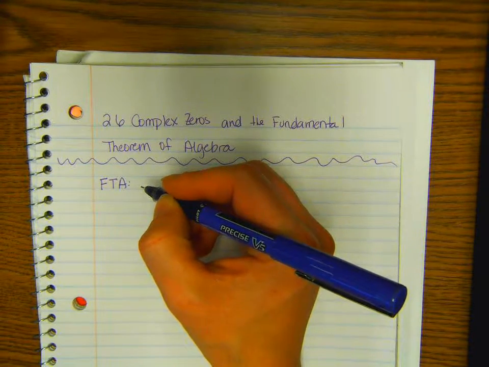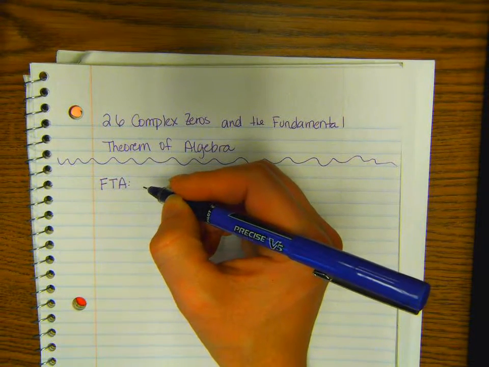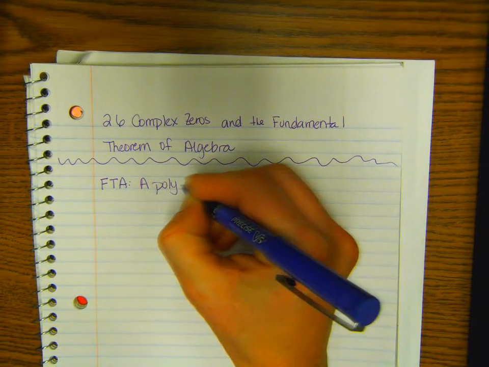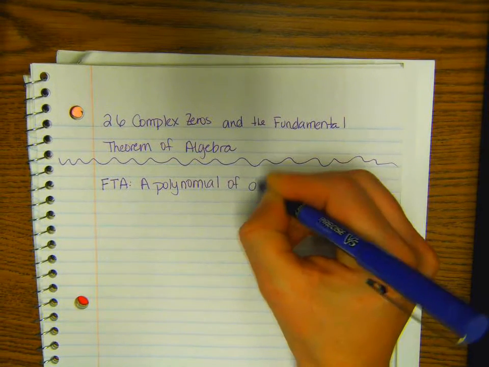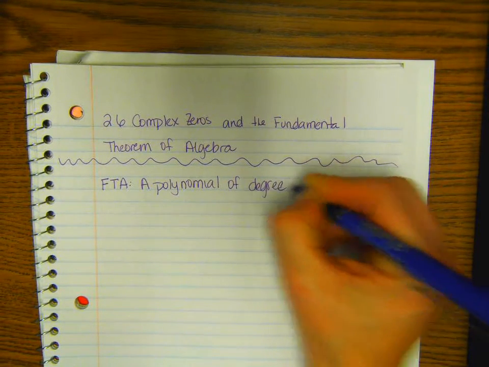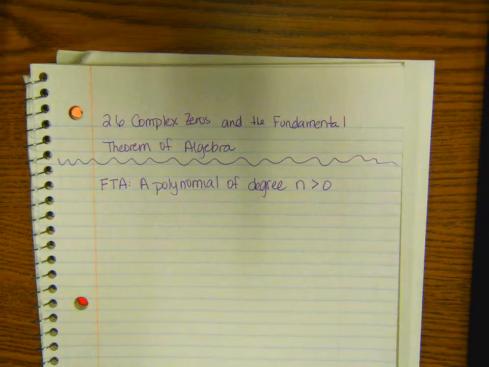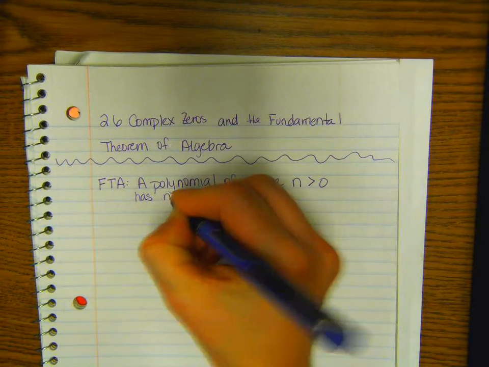How can I tell? The degree, right? So all that says is a polynomial of degree n, as long as n is greater than 0, has n complex zeros.